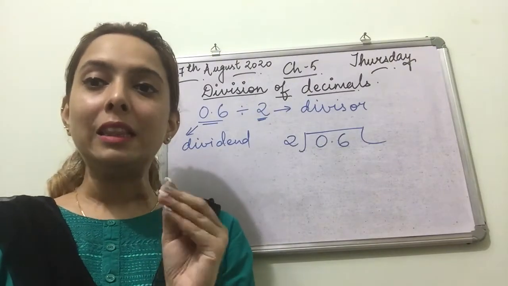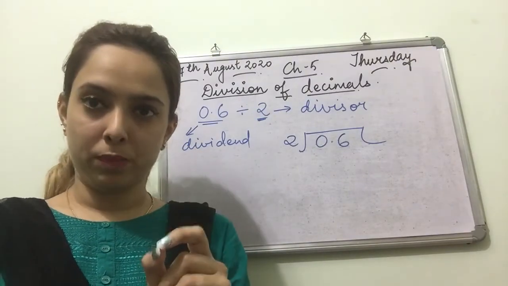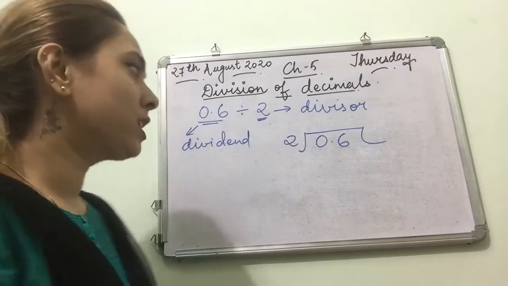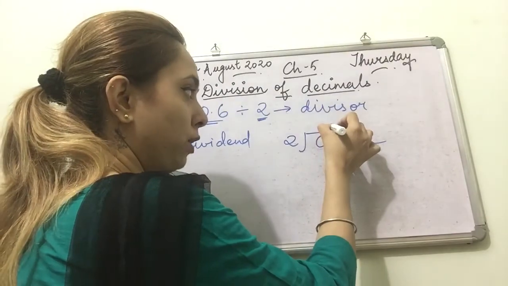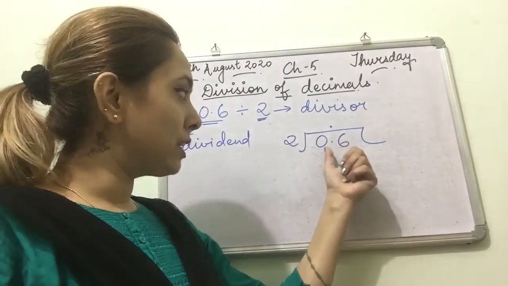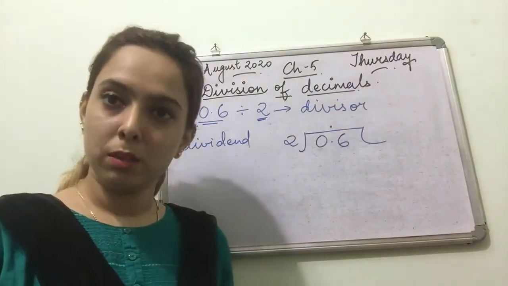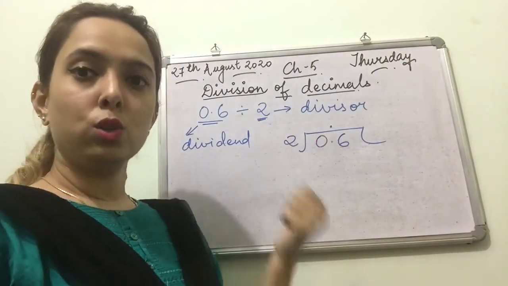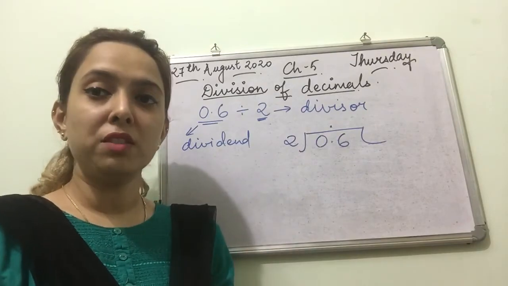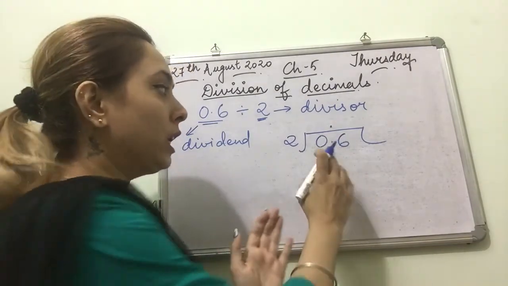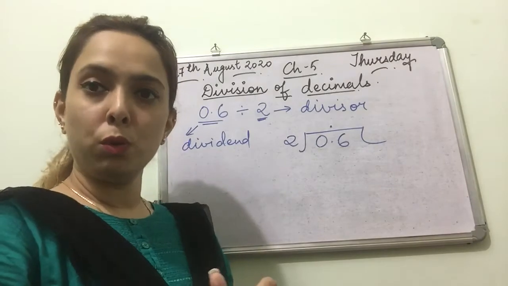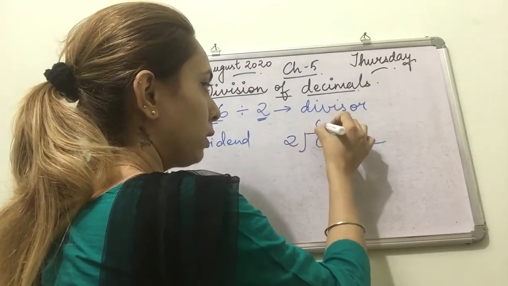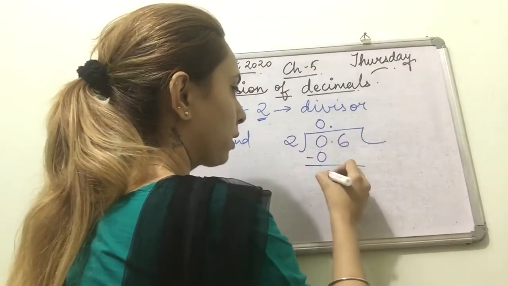The first step of dividing a decimal number is, in your quotient you will put a decimal, just decimal above the decimal. So now here we have a 0. If we multiply 0 by 2, you will get your answer as 0. So 2 zeros are 0.